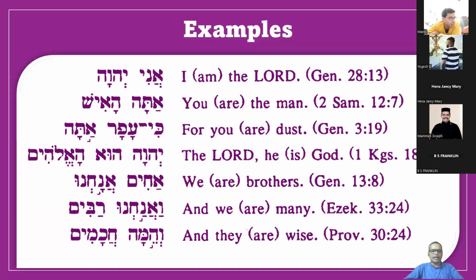But always after a long vowel, if you come across a shva, it is vocal only. There is no doubt about it. The only doubt we have is if there is a short vowel before a shva, whether it has to be pronounced or not.